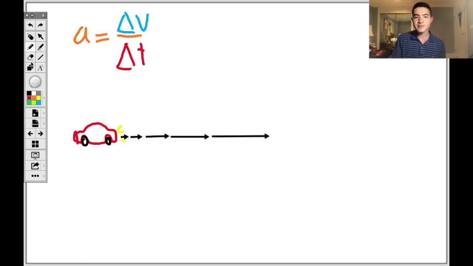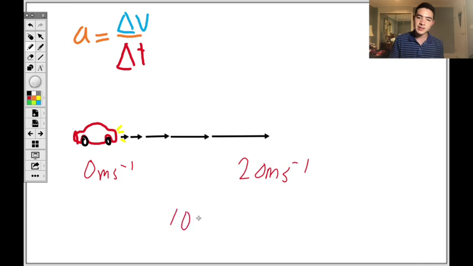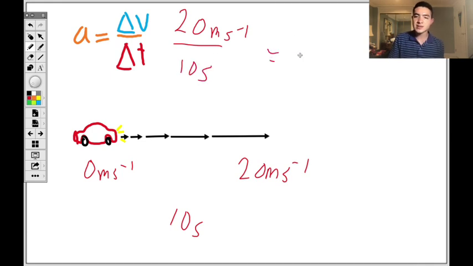Let's try a different example, where a car at constant acceleration accelerates from rest to a velocity of 20 meters per second in only 10 seconds. So substituting these values into the equation, we get 20 meters per second over 10 seconds, giving us an acceleration of 2 meters per second squared.